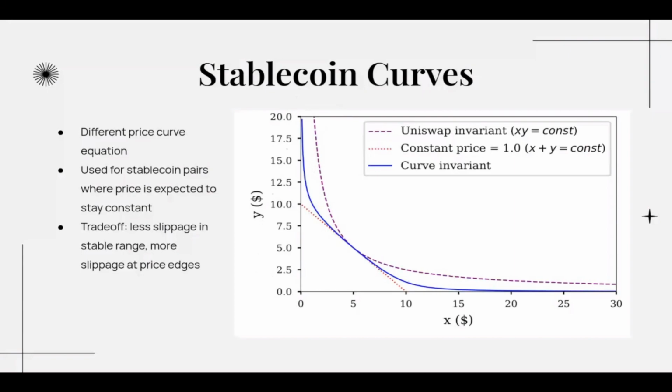And do they also offer a lot of different options? I know Curve offers a lot of different options, so they are basically offering different curves for those stablecoin pairs.